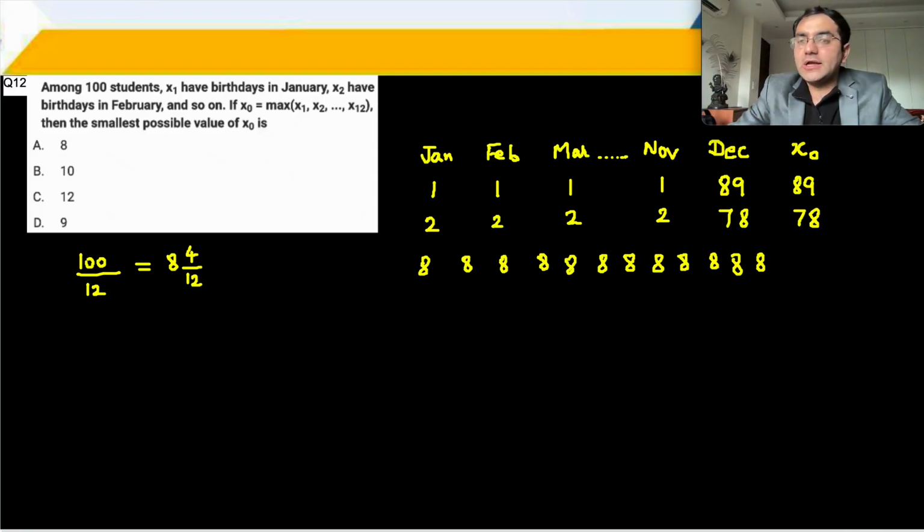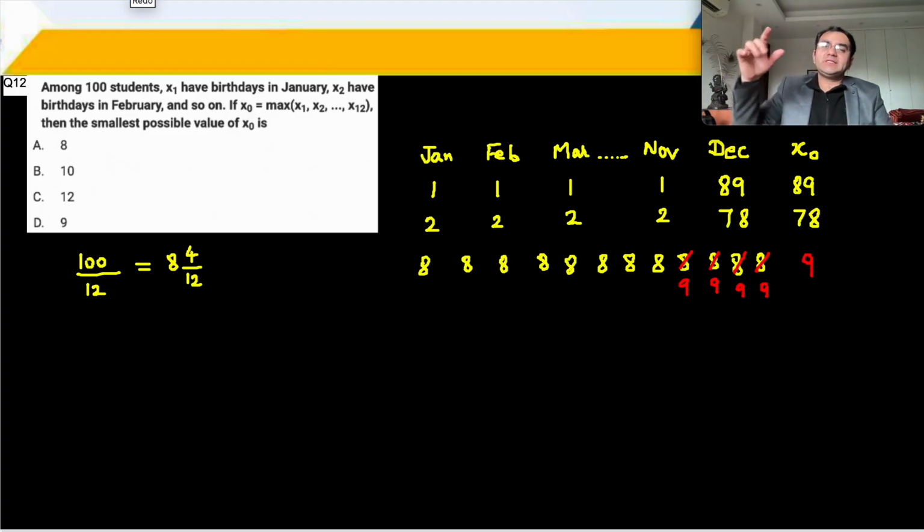अभी 4 लोग रह गए. 4 more people have to have their birthdays held. So let me give one value to 4 8s. 4 8 की values को 9 बना दो, so that your total now becomes 100. Now write x naught. X naught is the maximum of all these 8s and 9s, and the maximum of 8 and 9 is of course 9.